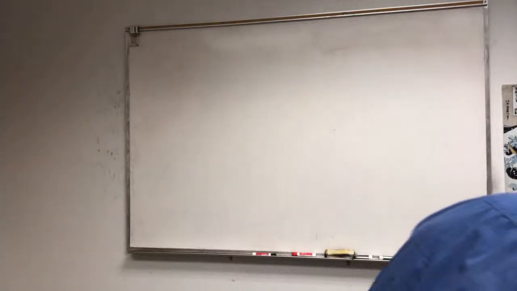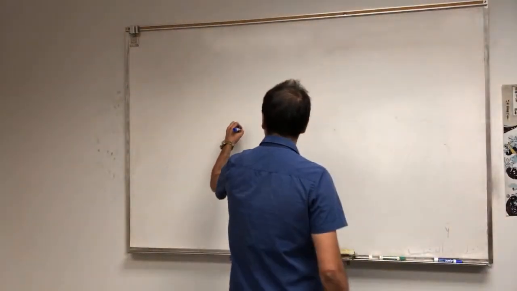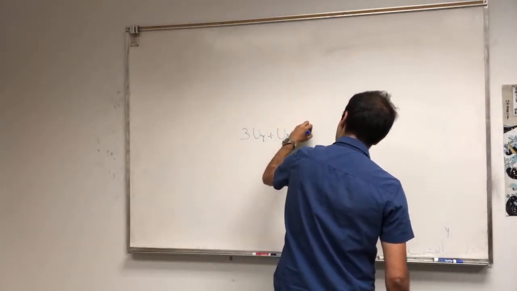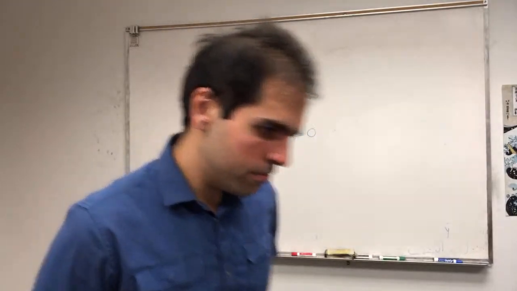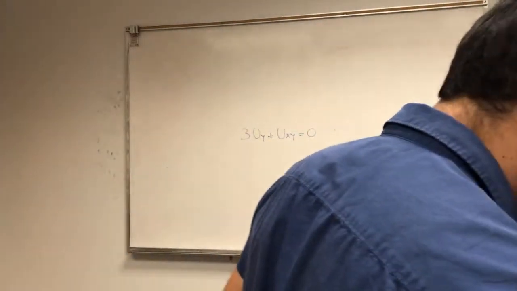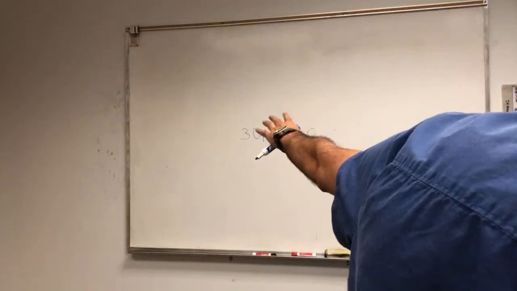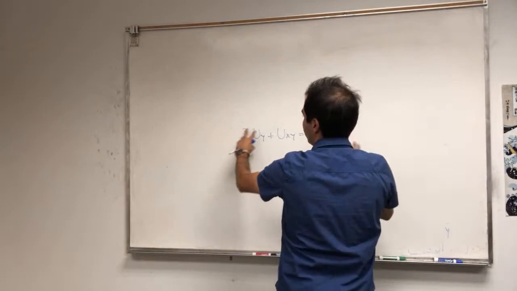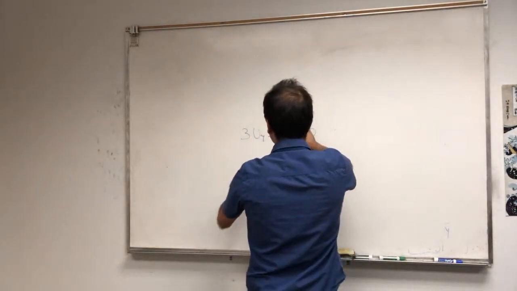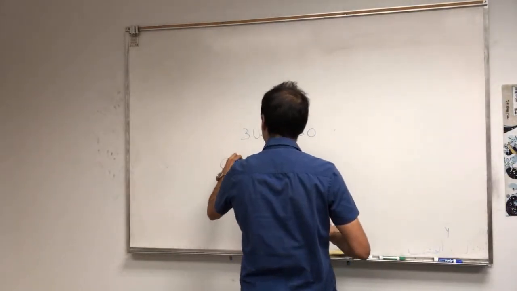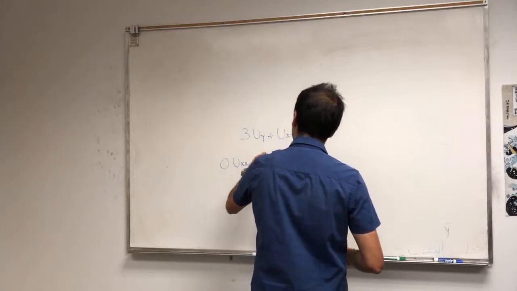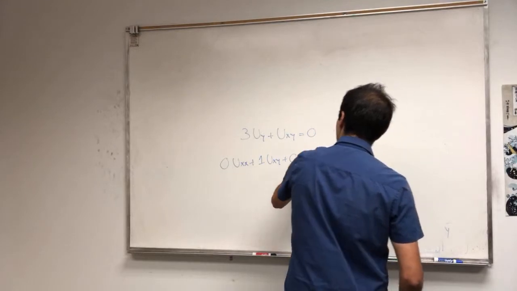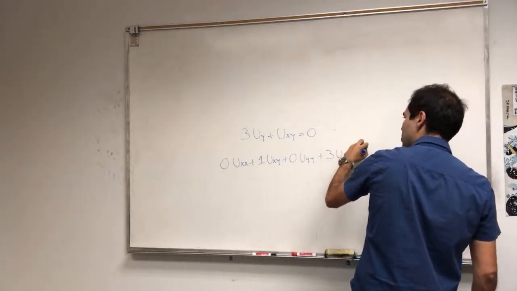So let's do 3uy plus uxy equals 0. Okay. And I should talk to the department because they gave this. Okay, so what's the type of this PDE? Well, again, this is just a junk term, like a lower order term. And this is really, there's no uxx term, plus 1 uxy, plus 0 uyy, plus 3uy equals 0.